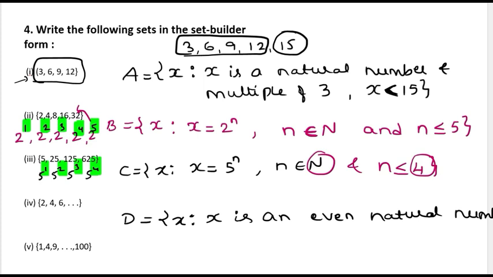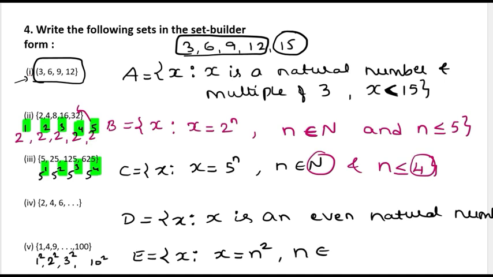Next, fifth one is 1, 4, 9, 100. So it is square numbers. 1 square is 1, 2 square is 4, 3 square is 9, and like the 10 square is 100. So we can write set E is equal to collection of all x such that x is equal to n square.